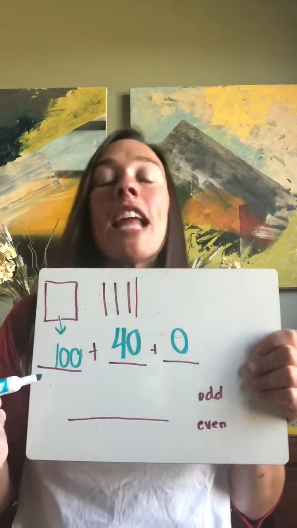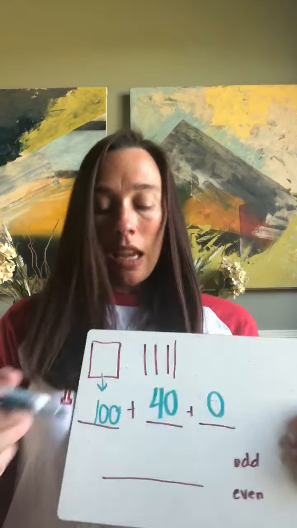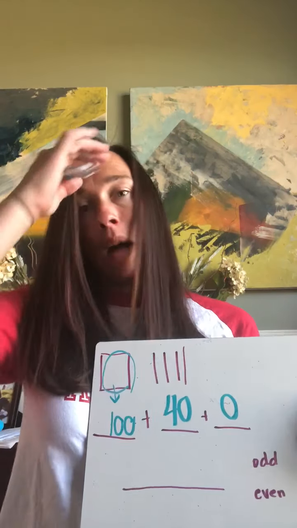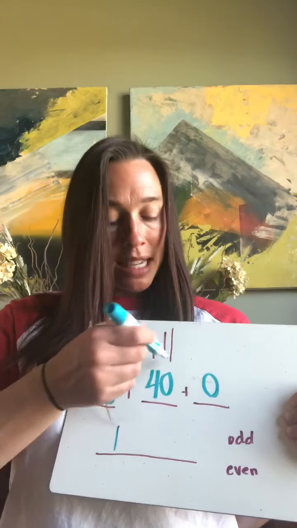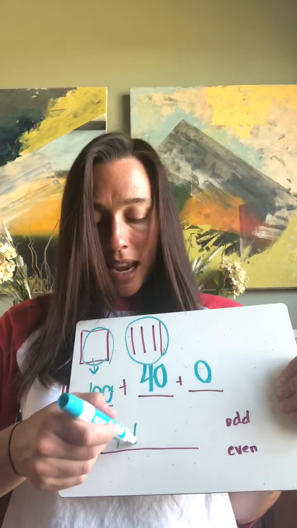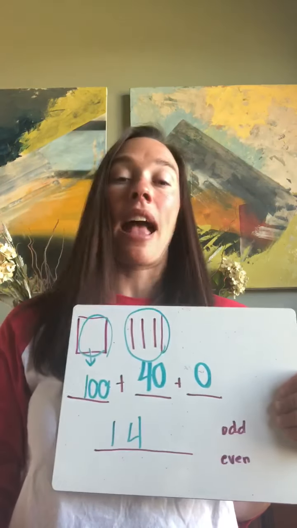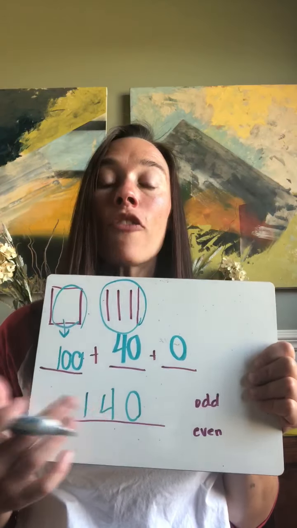Great job. Now, how can I write that in digits, just numbers? If you remember, we're going to look up here. How many 100 blocks do we have? 1. Good. How many 10 rods? 4. Yep. And how many 1 blocks do we have? 0. So 140 looks like a 1, a 4, and a 0.